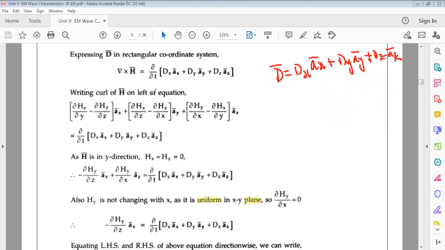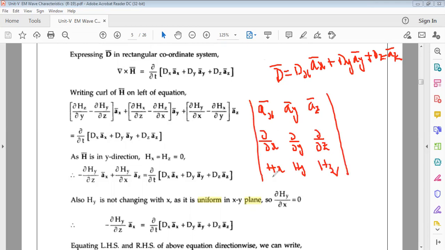Write the curl function on the left side of the equation: the curl del cross H bar is the determinant with ax bar, ay bar, az bar, then dou by dou x, dou by dou y, dou by dou z, and the H values Hx, Hy, and Hz. That is del cross H bar.